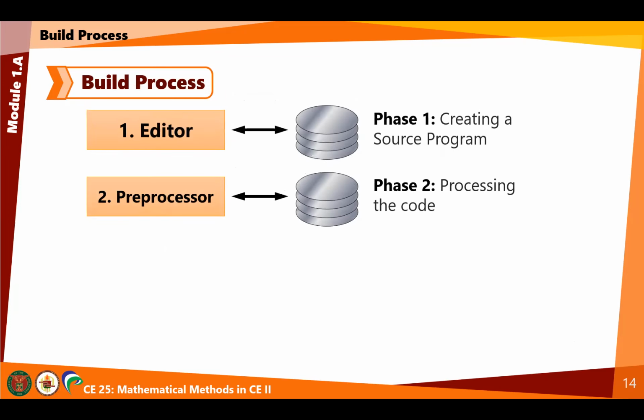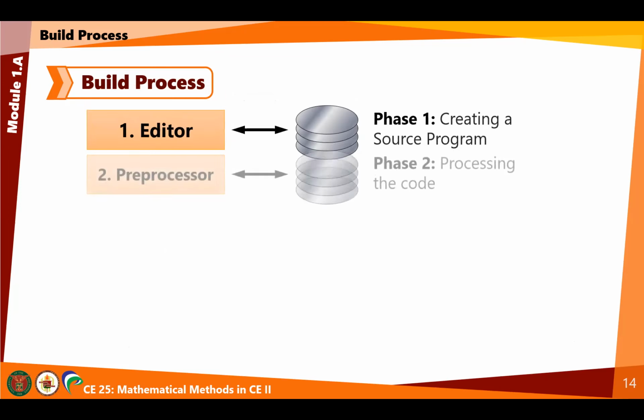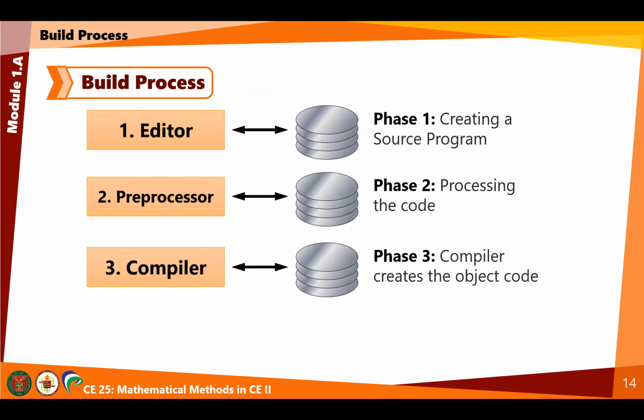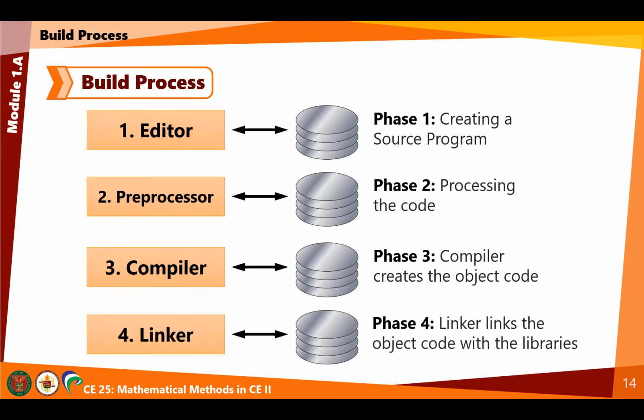Ayan. So I've discussed this kanina. So you know what a preprocessor does now. You know what a compiler does now. It just translates your source code into an object file. The linker links the object code with other libraries. You don't really have to know this for now.